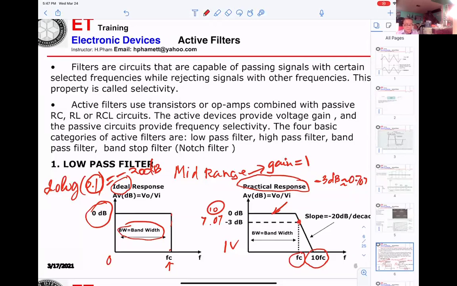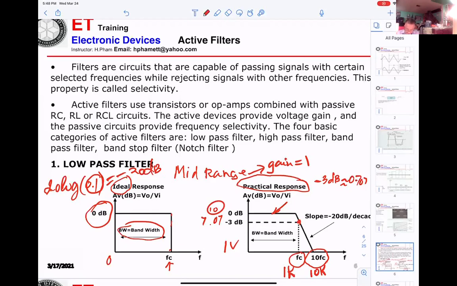So I can say going down minus 20 dB per decade, 40. If I give you a 1K cutoff, then a decade from FC means 10K. The question is, what is the output at 10 kilohertz?